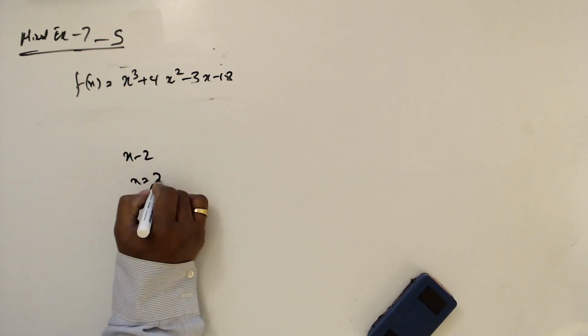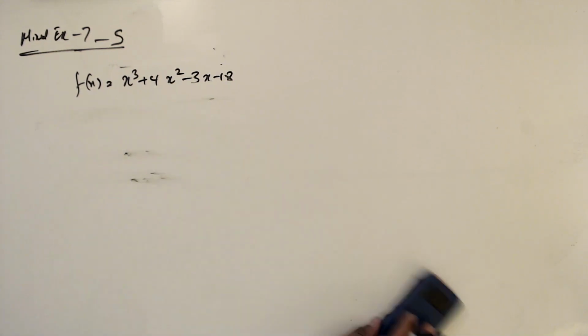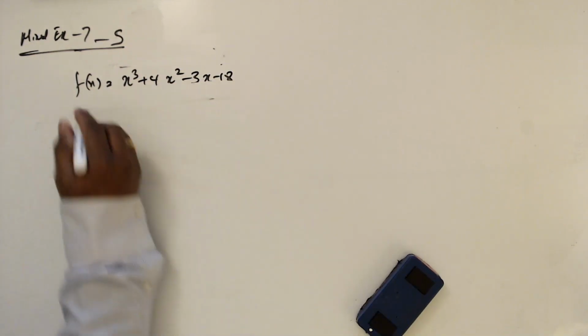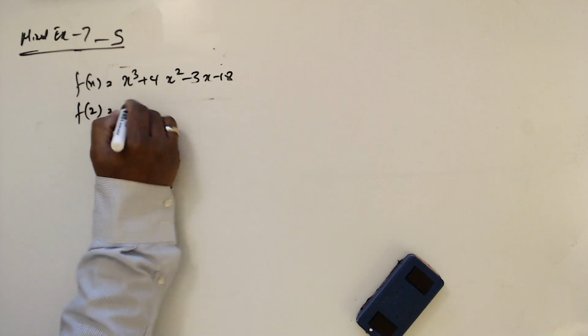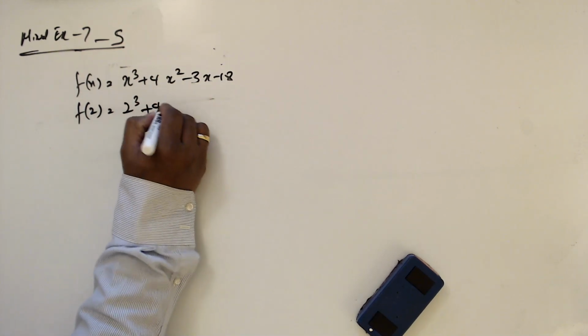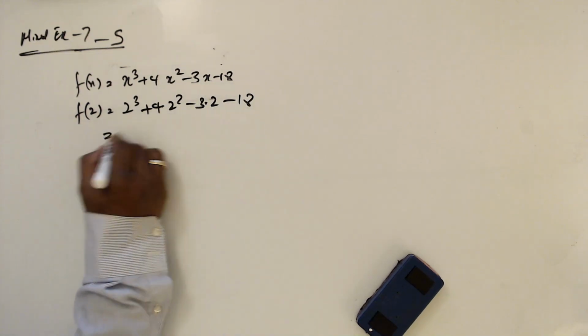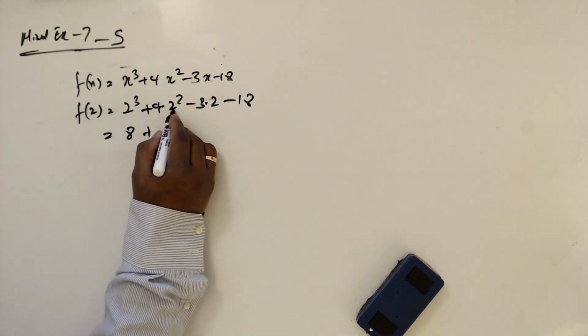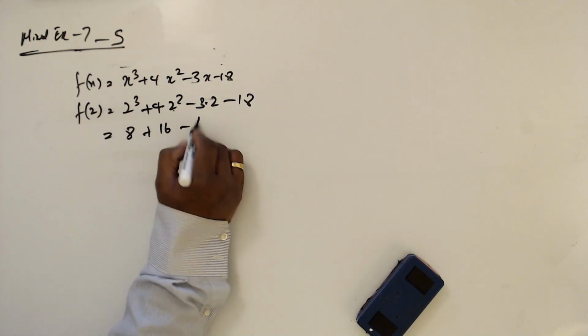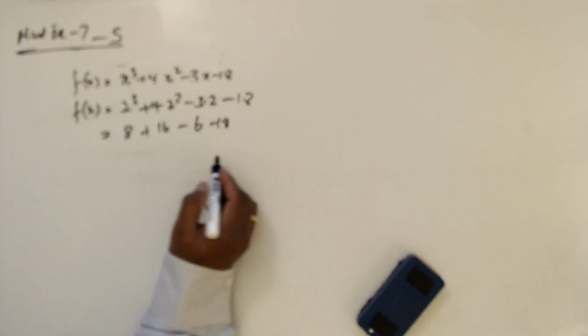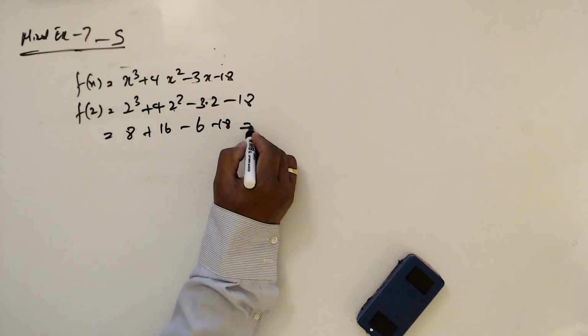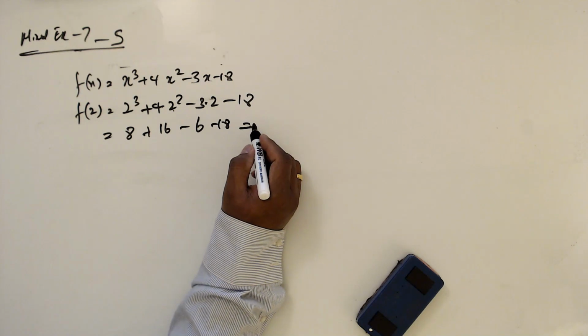So x equal to 2, then I have to substitute. f2 equal 2 cube plus 4 times 2 square minus 3 times 2 minus 18, which is 8 plus 16 minus 6 minus 18. So this is going to be definitely 0.